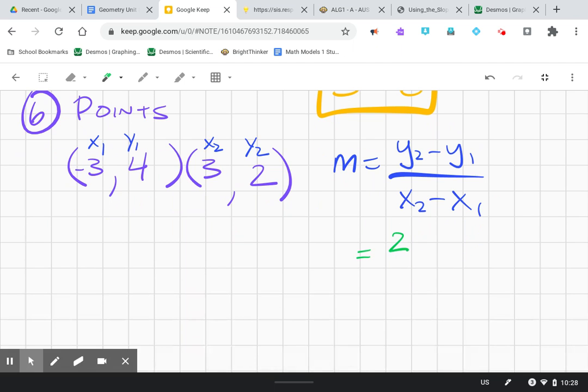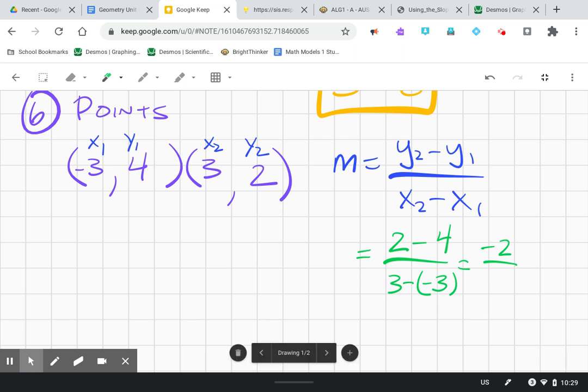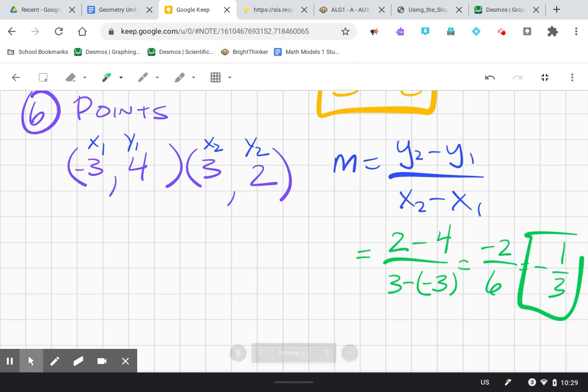Y2 is 2 minus y1 is 4, over x2 is 3 minus x1 is negative 3. So when I work all that out, 2 minus 4 is negative 2. 3 minus negative 3 is 3 plus 3 is 6. Reduce the fraction and I get negative 1/3. So that's the m of my slope-intercept form.